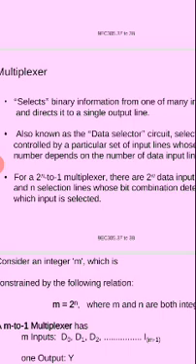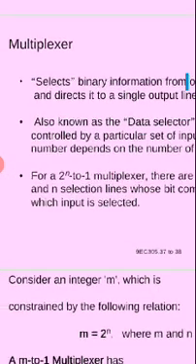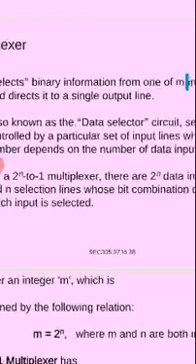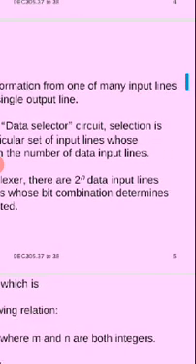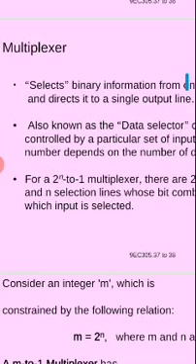Let us see now. A multiplexer selects binary information from one of many input lines and directs it to a single output line.